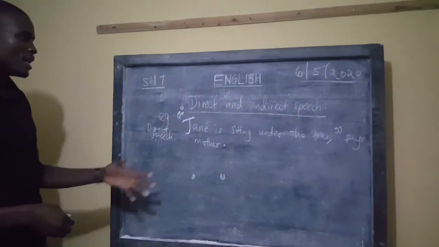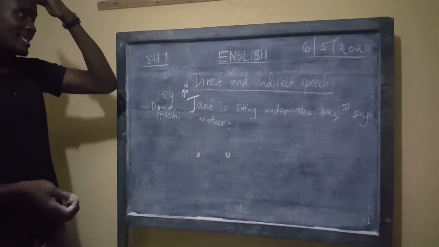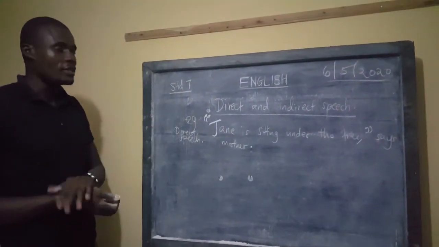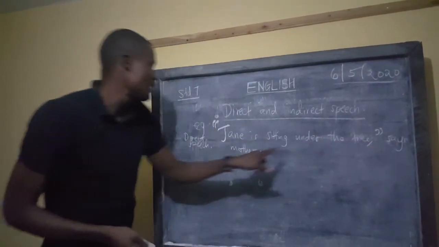Says mother. So Jane is sitting under the tree, says mother. When we look at the tense in which our direct speech is, it is in present simple because of this, says mother.